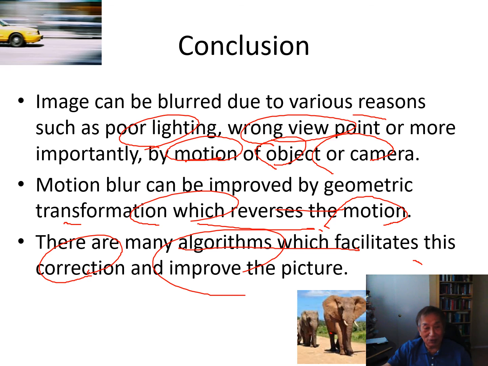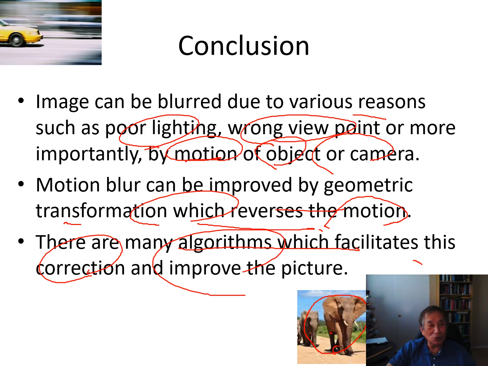So you can do it the other way around. Then this elephant can be moved and made blurred, so that it looks more like a blurry elephant. So that's how everything can be.